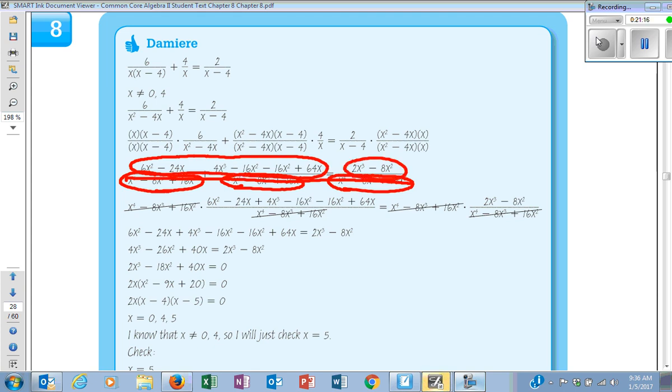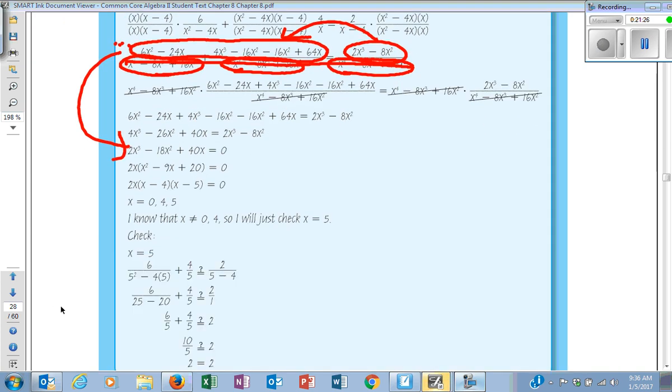Once you combine like terms on this side, then you bring all of these terms over and combine them and set it equal to 0. That's eventually what you get to. Once you get down there, he pulls out a 2x that they all have in common, greatest common factor. Then once you do that, you're left with this. He then factors this into a problem like that. You should be able to go through and understand every one of these from one step to the next step.